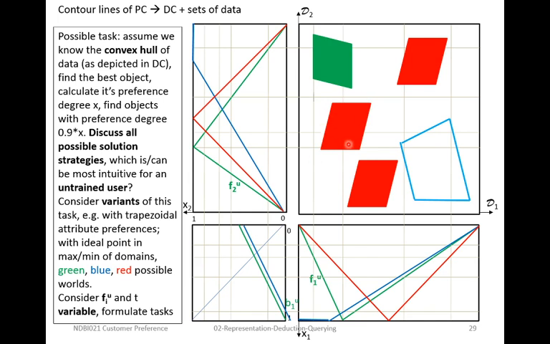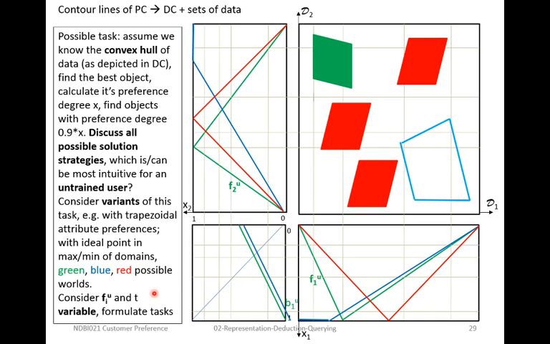Maybe this is some market segmentation, and then we can have several different attribute preferences like here. And again, these tasks can be variable and can give different results.